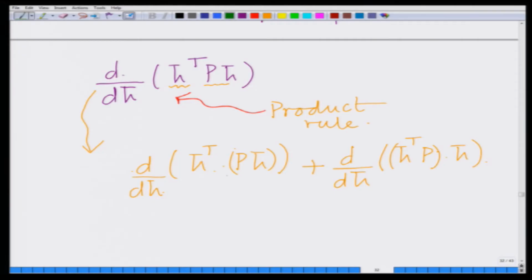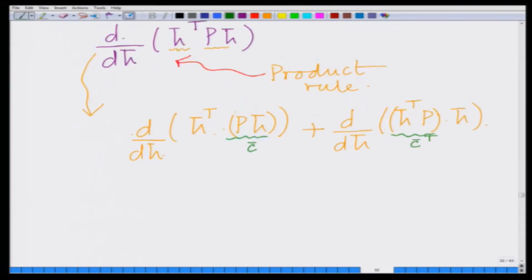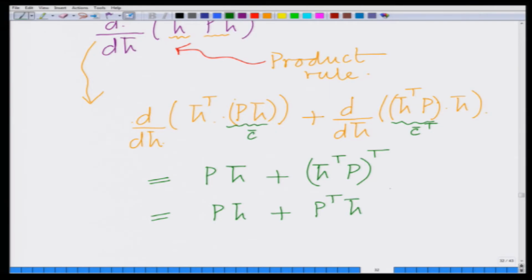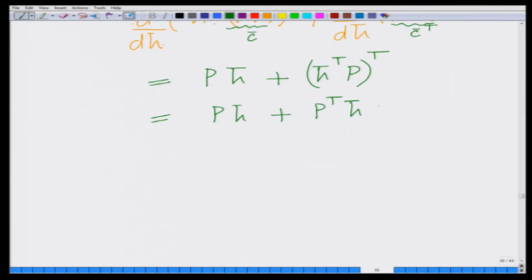So basically this is your c bar in this instance, and this is your c bar transpose, and we have already seen the derivative of h bar transpose c bar is nothing but c bar. So, this is basically P times h bar plus the derivative of c bar transpose h bar, which is also c bar. So, this is basically h bar transpose P whole transpose, which is P transpose h bar.